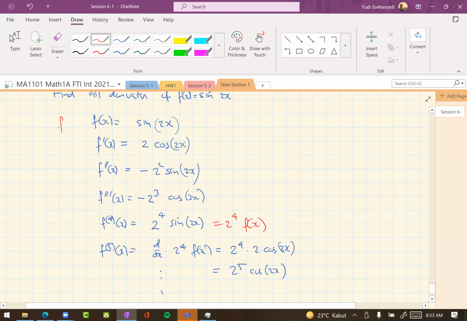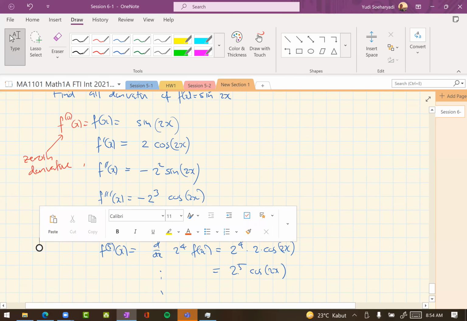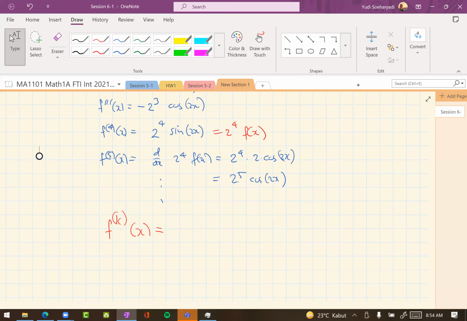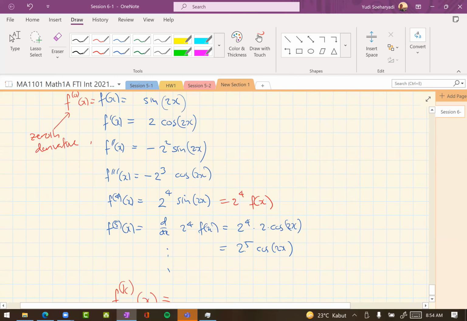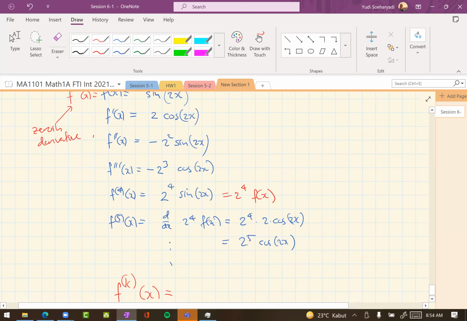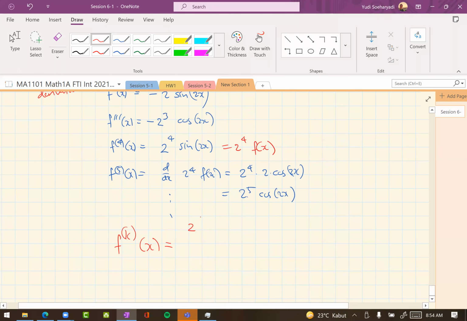This one is the zeroth derivative. The function itself is considered the zeroth derivative. Okay. So you see, this will give you 2 to the 0, 1.